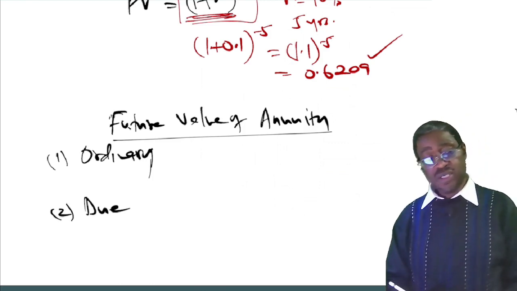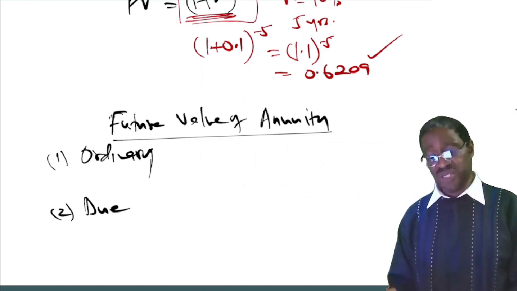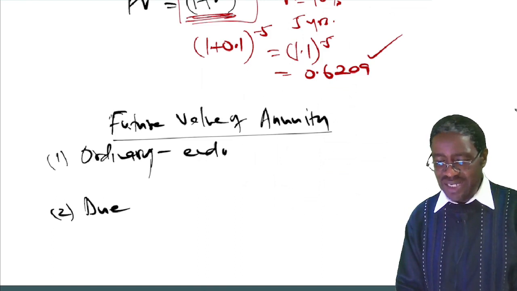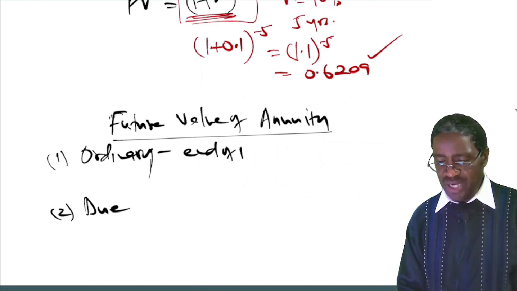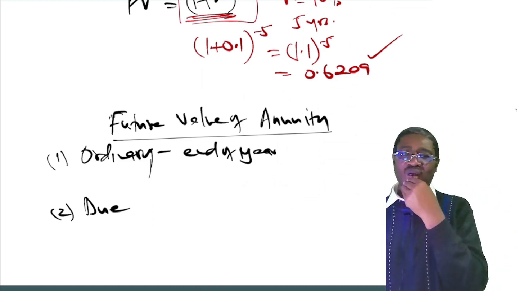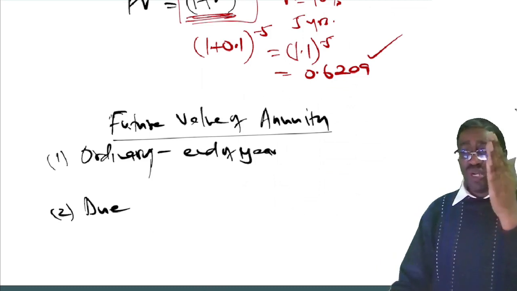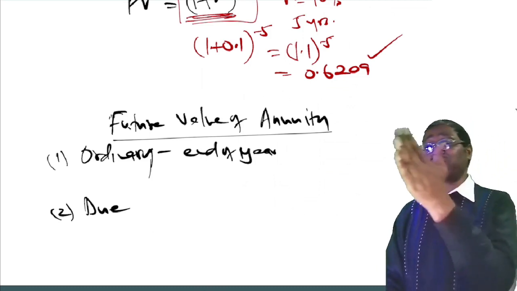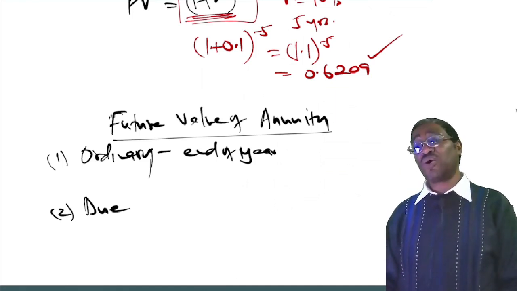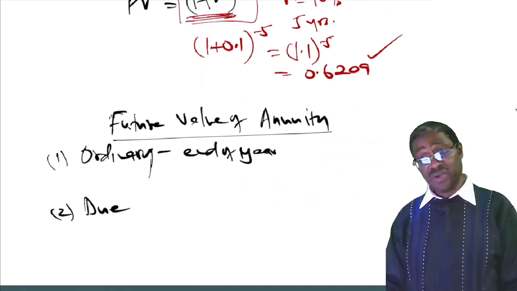And we said the ordinary annuity is that annuity that comes at the end of the period, at the end of the year. Meaning, for example, you will be paying 1 million 1 year from now, at the end of year 2, at the end of year 3. Those are what we call ordinary annuities.